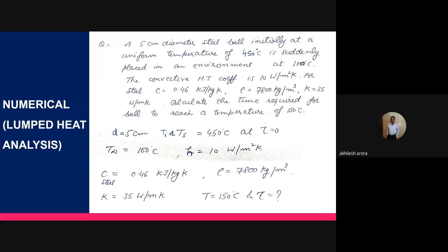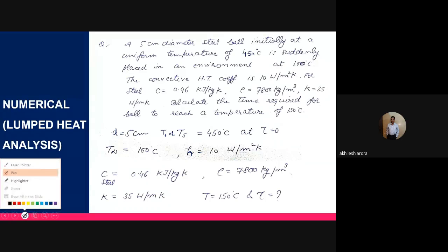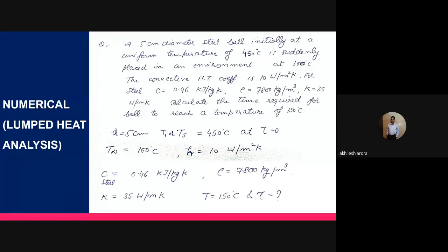Let us see now a numerical problem on lumped heat capacity analysis. It will tell us the time temperature history of the solid, and then we will bring out certain conclusions based on this numerical problem. What we have considered here is a 5 centimeter diameter steel ball. That is the first thing given to us, the diameter. It is initially at a uniform temperature of 450 degrees Celsius.